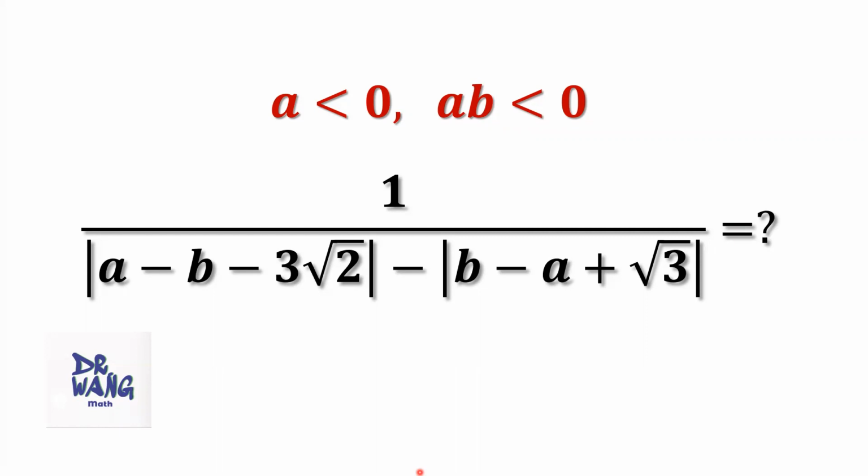Here is the question. If a is less than 0 and ab is less than 0, what is the value of 1 over the absolute value of a minus b minus 3 square root of 2, minus the absolute value of b minus a plus square root of 3?